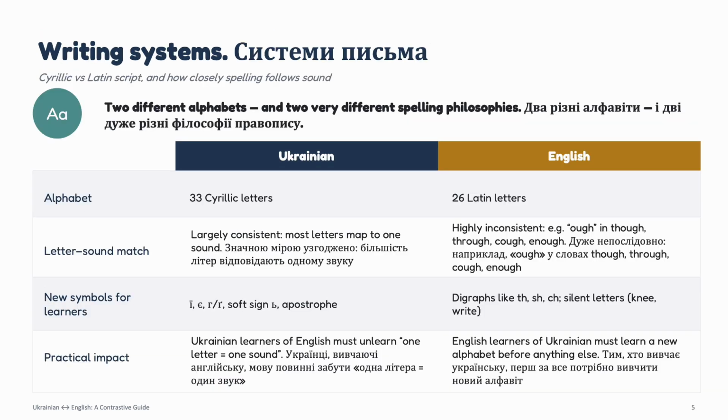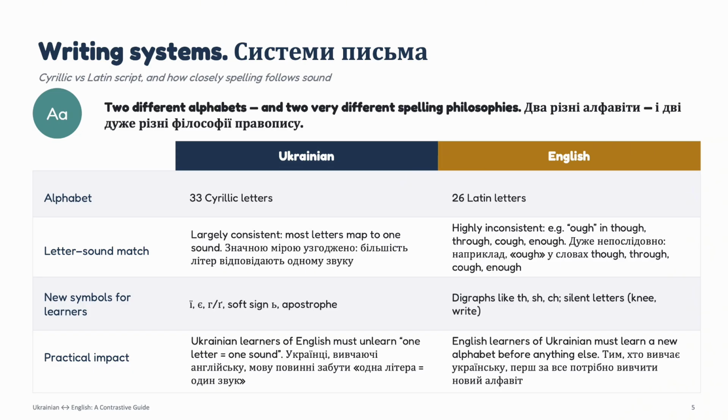Then writing systems. Let's talk about how these languages are actually written. Ukrainian uses the Cyrillic alphabet, 33 letters, and English uses the Latin alphabet, 26 letters. But the bigger difference isn't the letters themselves, but the philosophy behind the spelling. Ukrainian spelling is largely consistent. Most letters map to one sound, so when you know the alphabet, you can read almost anything.